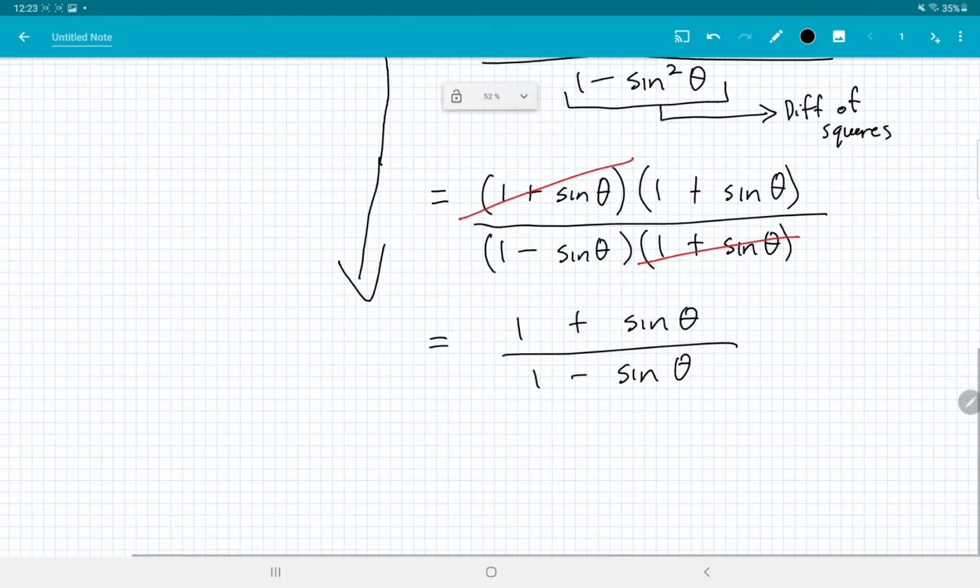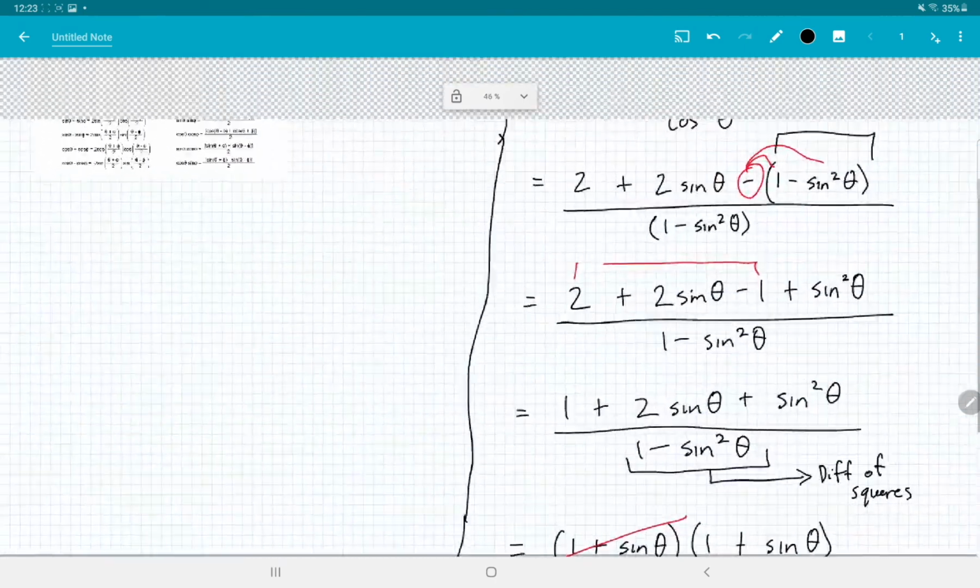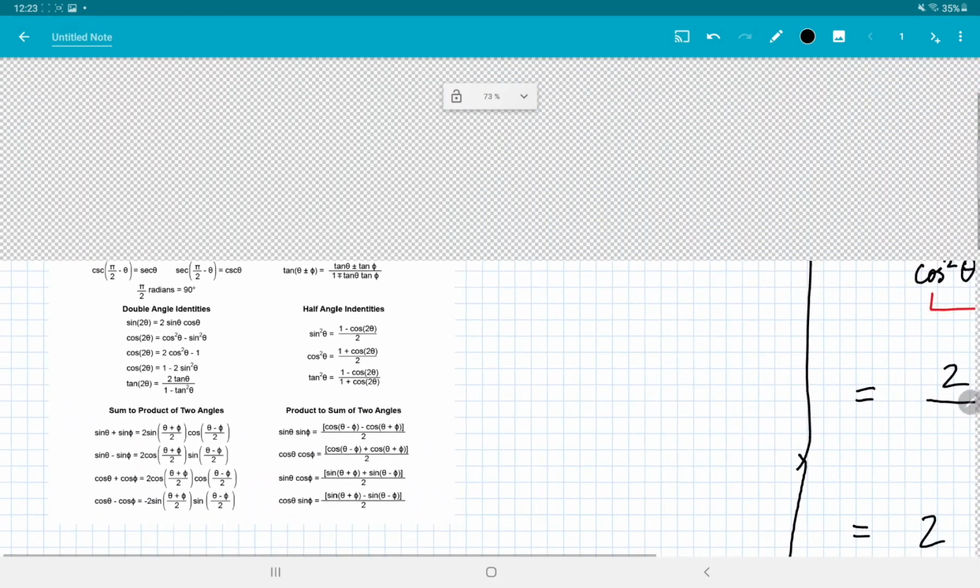And some teachers like it when you go left side equals right side. Okay, that is how you prove this trig proof with the help of some trig identities as identified over here.